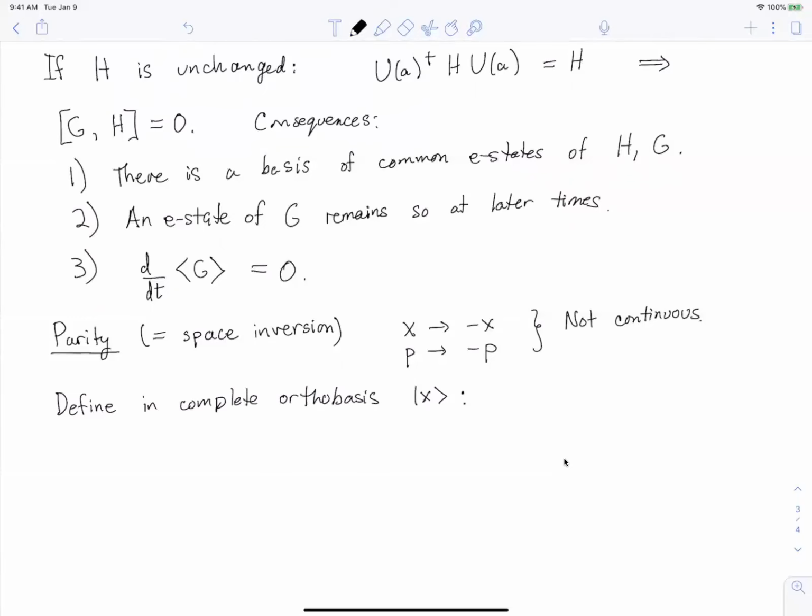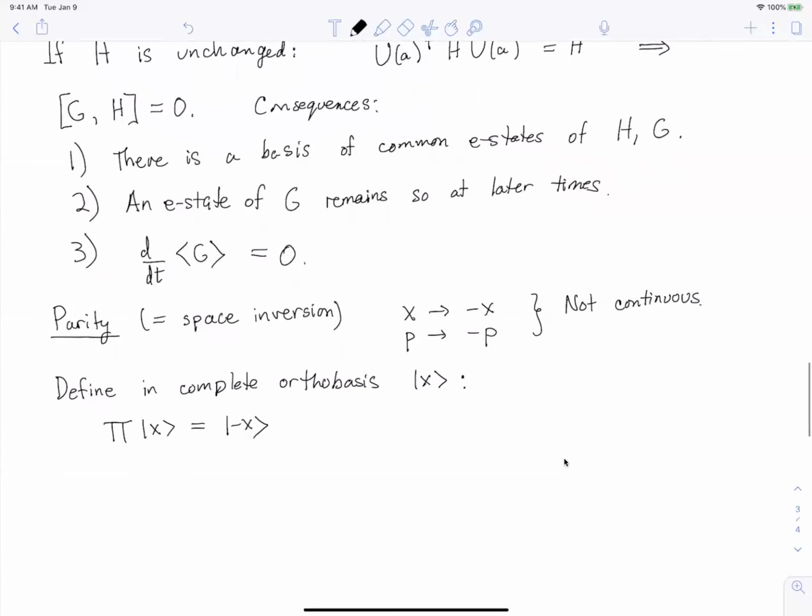And so the definition of the parity operator is, acting on any state x, it gives back the state minus x. Because these are linear operators acting on a complete ortho basis, if I know how it acts on any element of the ortho basis, then I know how it acts on anything, because any state is some linear combination of the x states.